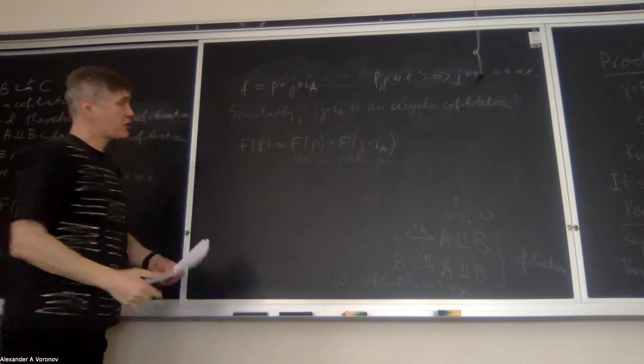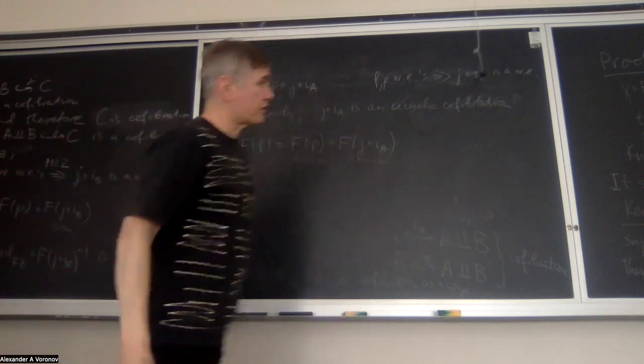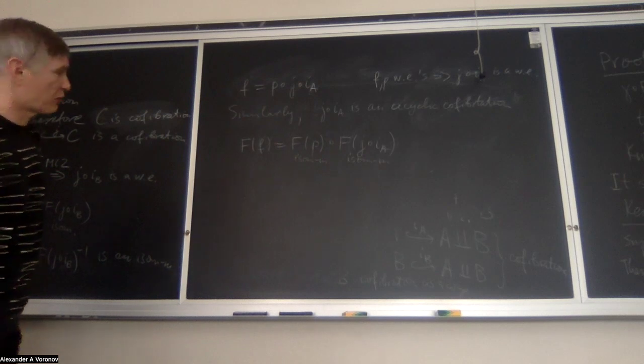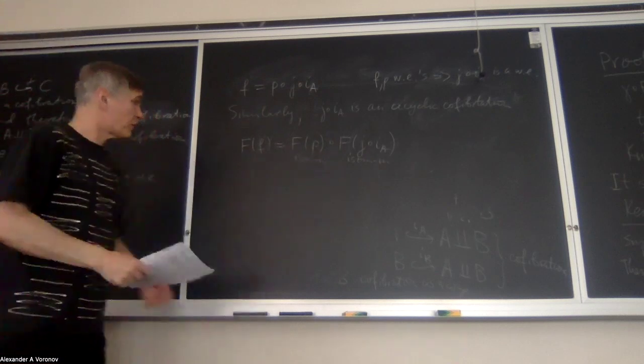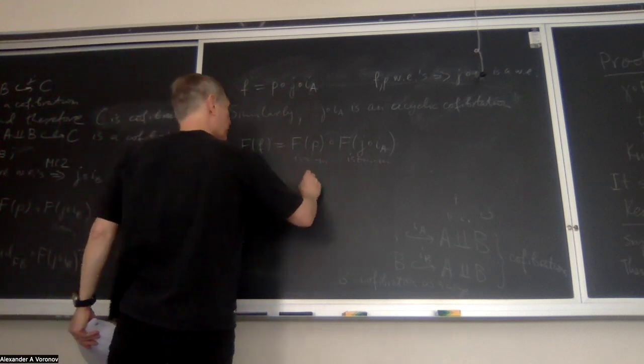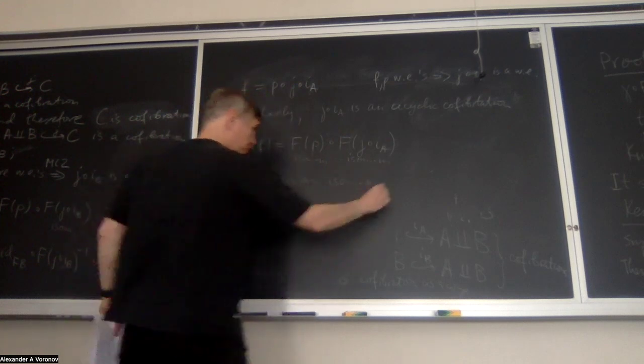So an isomorphism in the second factor, F of J composed with IA, was by the assumption that F sends acyclic cofibrations between cofibrant objects to isomorphisms. So we get a composition of isomorphisms. Therefore, F is an isomorphism. And this proves the lemma.